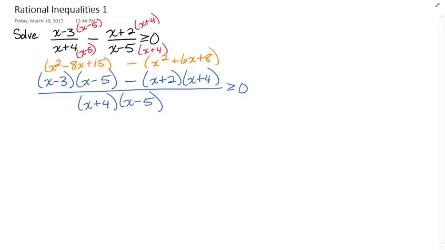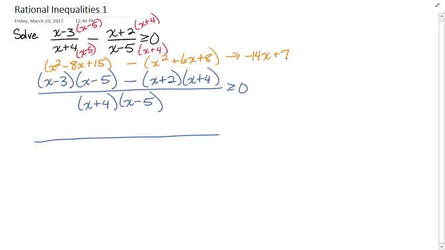And then when I combine them, look carefully, watch this sign distribute through and see what we get. On the top, we're going to have x squared minus x squared. Those are going to be gone. Minus 8x minus 6x is a minus 14x, and then 15 minus 8 is a plus 7.